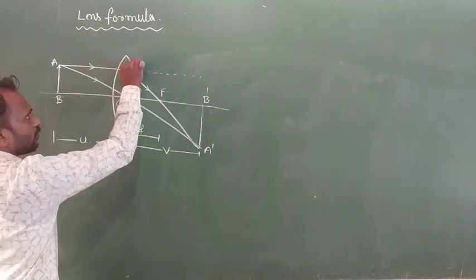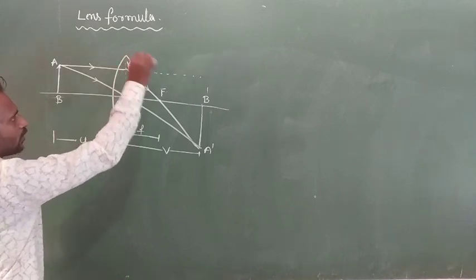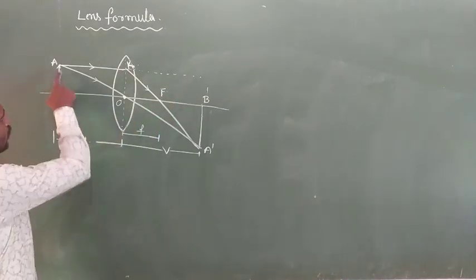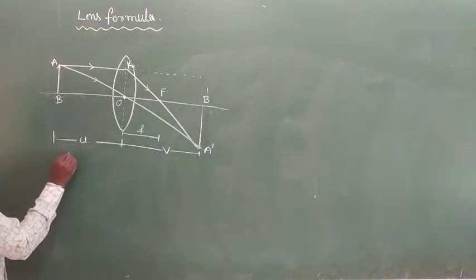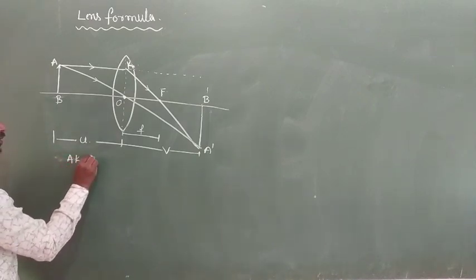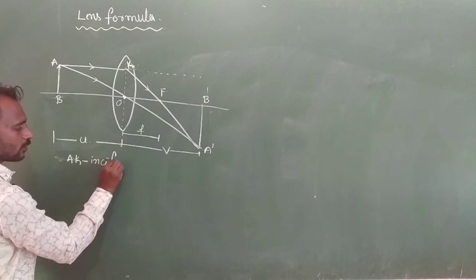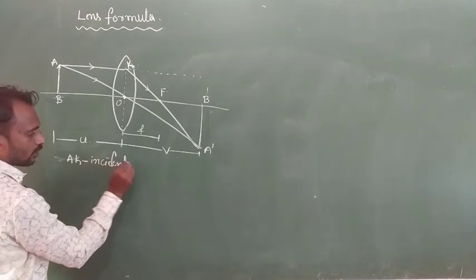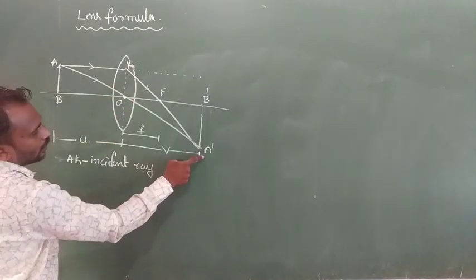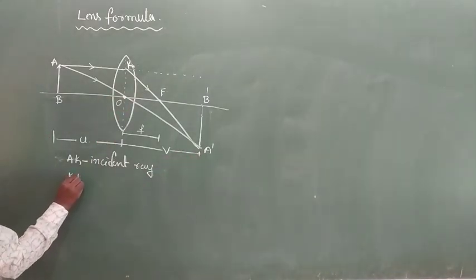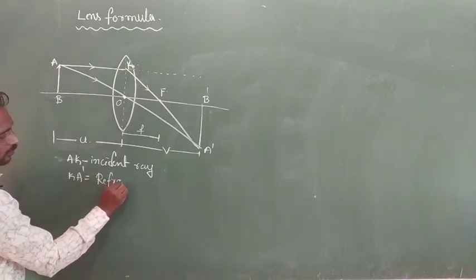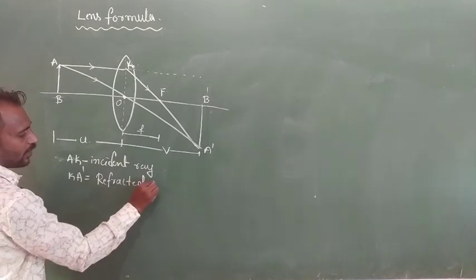Suppose this point is K. AK is the incident ray, and K A dash is the refracted ray.